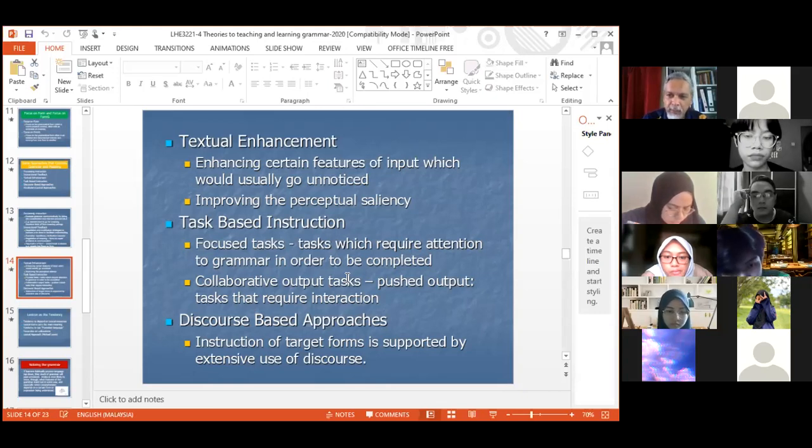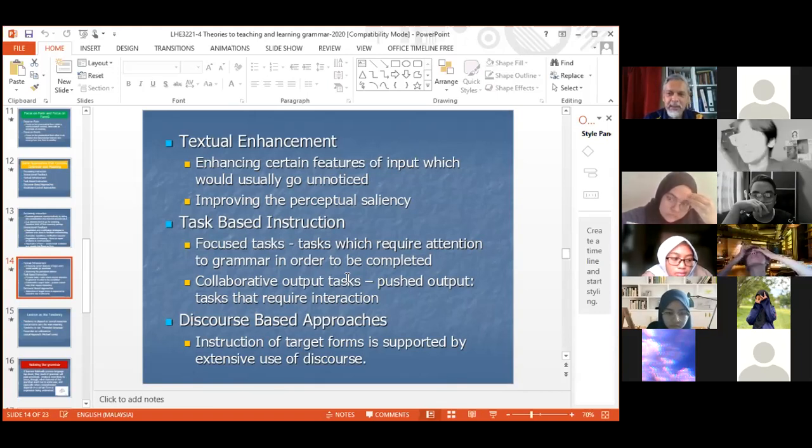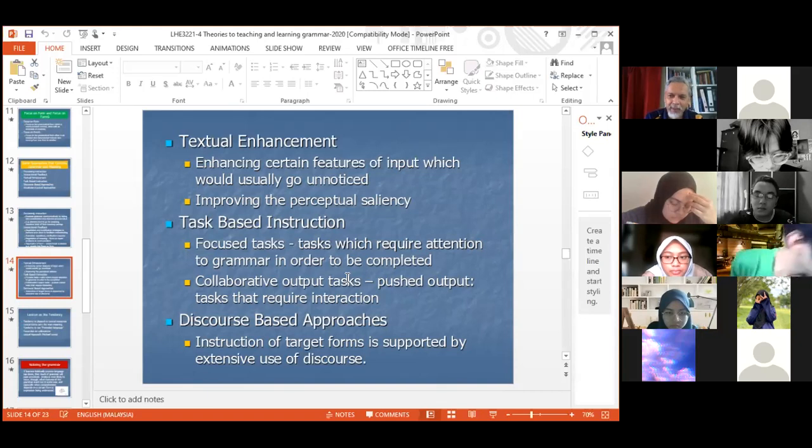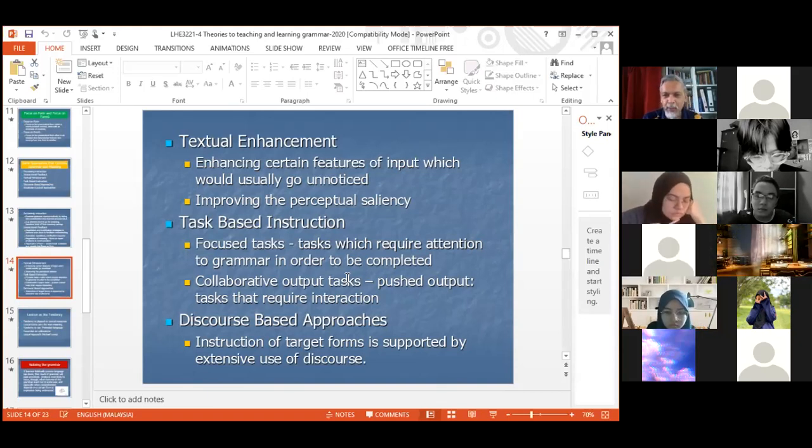Pushed output means that there are many students who are maybe shy, or not confident to speak or produce language. So given this kind of task, they have to use the language to get the task completed, because they need to talk to somebody. So we are kind of pushing them to produce language. That's why it's called pushed output.